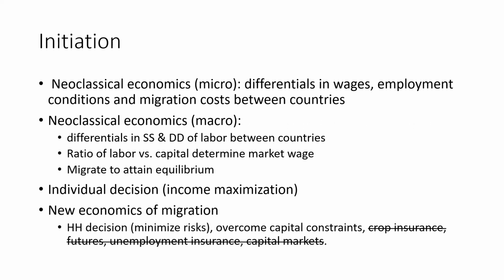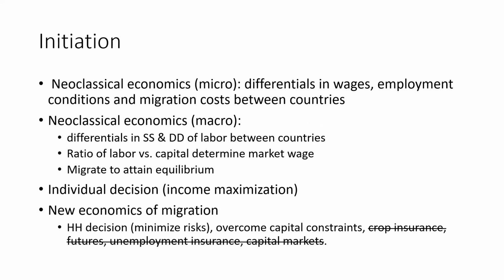And we've been through this before. There may be a lack of capital markets, or the capital markets, the banking and financial institutions, are non-existent or somewhat underdeveloped in some countries. And because of that, they may not be able to get a loan to expand their family enterprises.